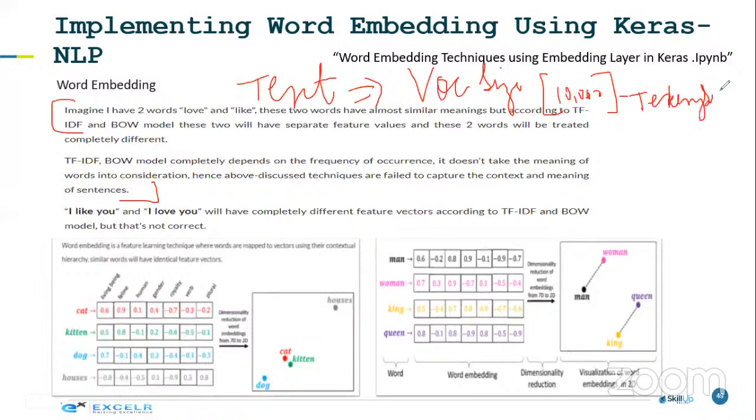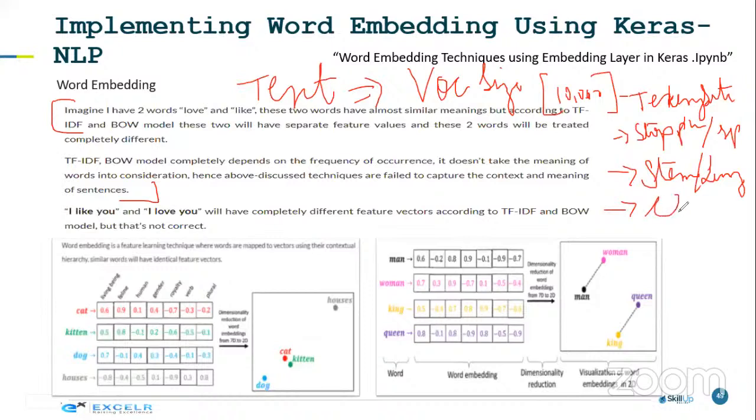Once I do tokenization, stop words, punctuation marks, and other special characters will be removed. Then I will perform stemming as well as lemmatization. Lemmatization technique will be used. After that, I will convert this entire clean data, and we will also be using upper or lower cases for converting the data, right?